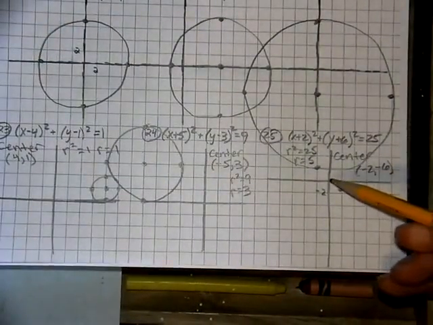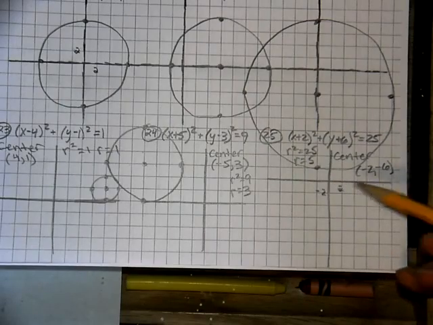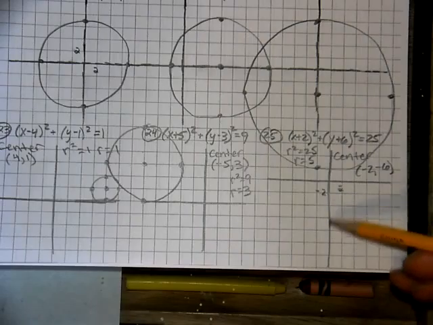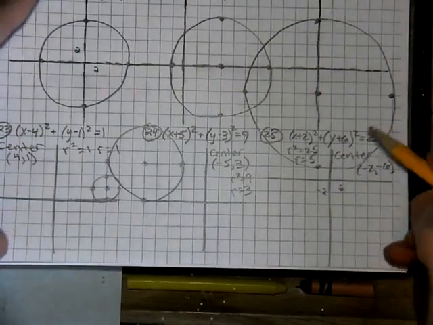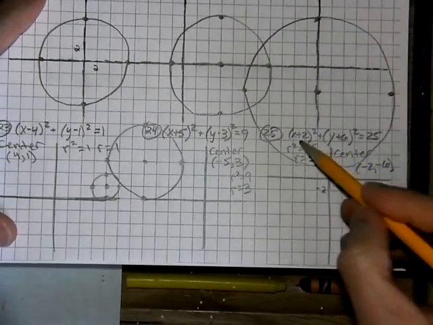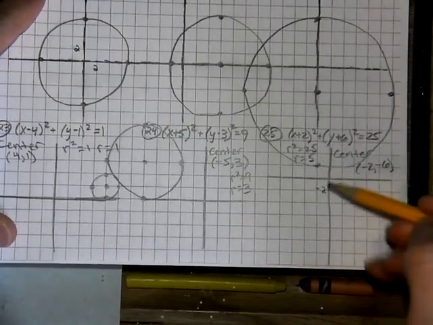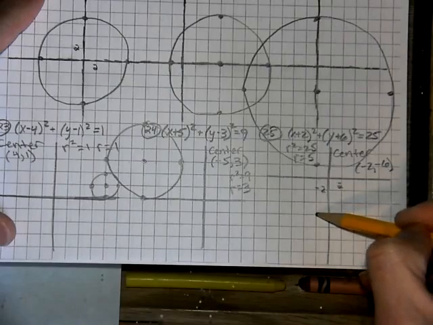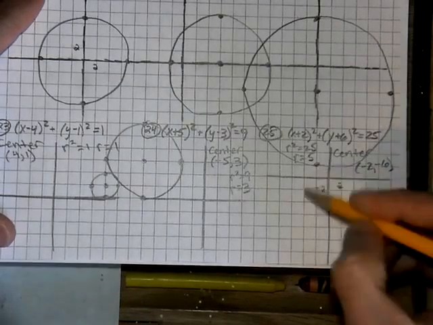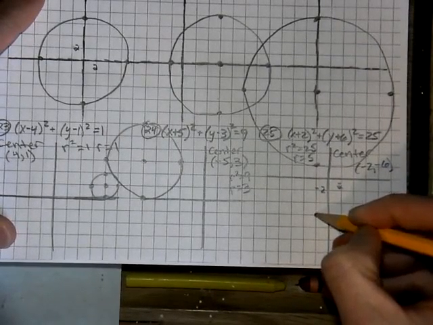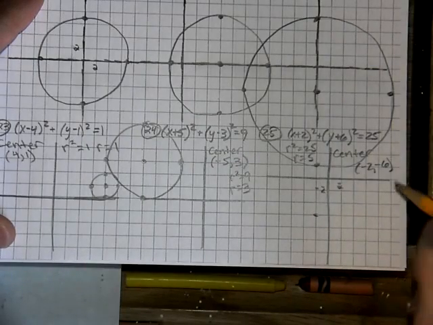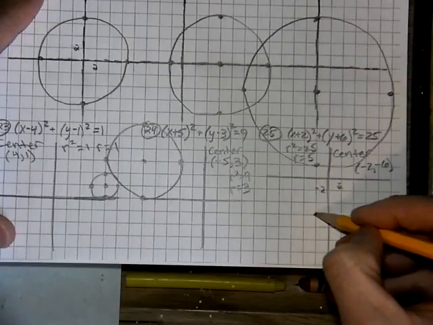Notice that each bar is going by 2 in this case, and going down by 2s. So when I go to the left and 6 down, we're going to go to the left and 2, 4, 6 on the way down. Then we'll have a radius of 5.